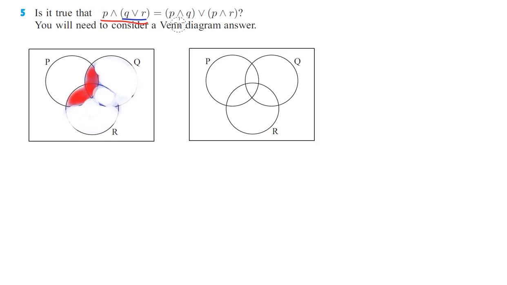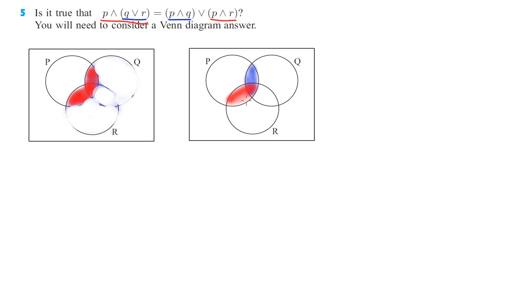All right, now over here we're going to want to do P and Q. So what does P and Q have in common? So P and Q is going to be this here, right? And then over here, on the other one, we're going to do P and R. So let's see, P and R is this here, right?